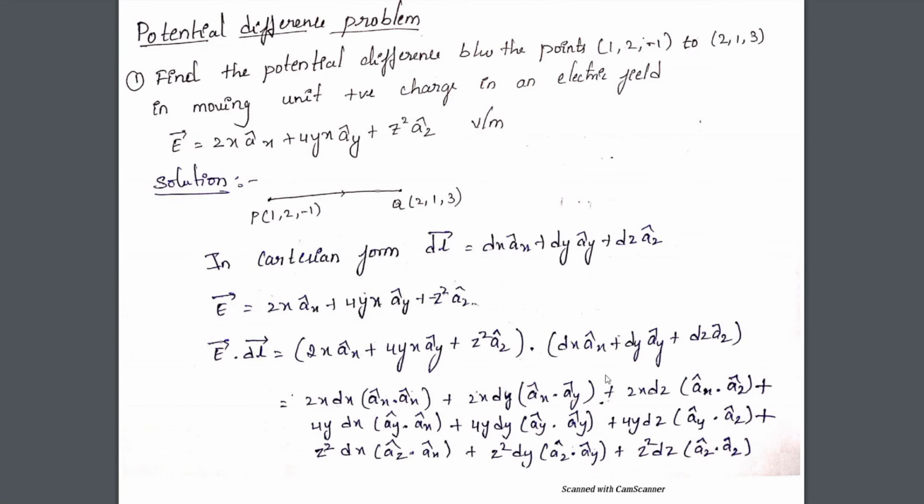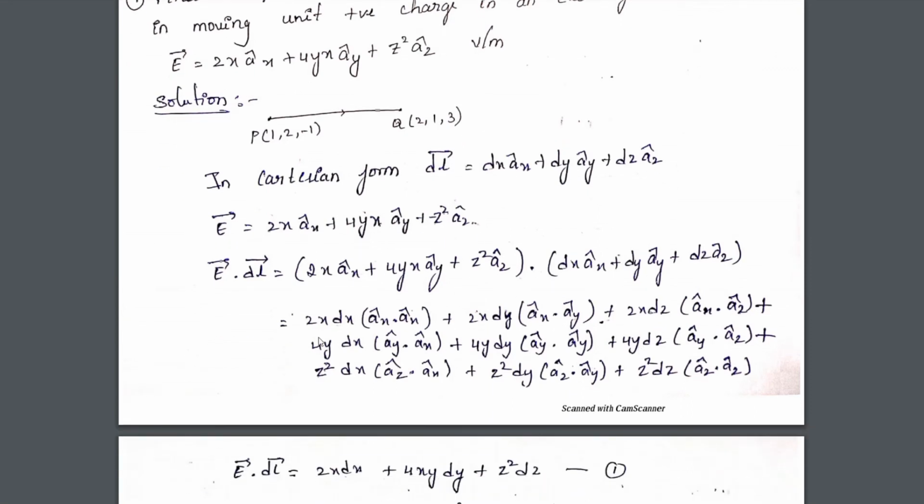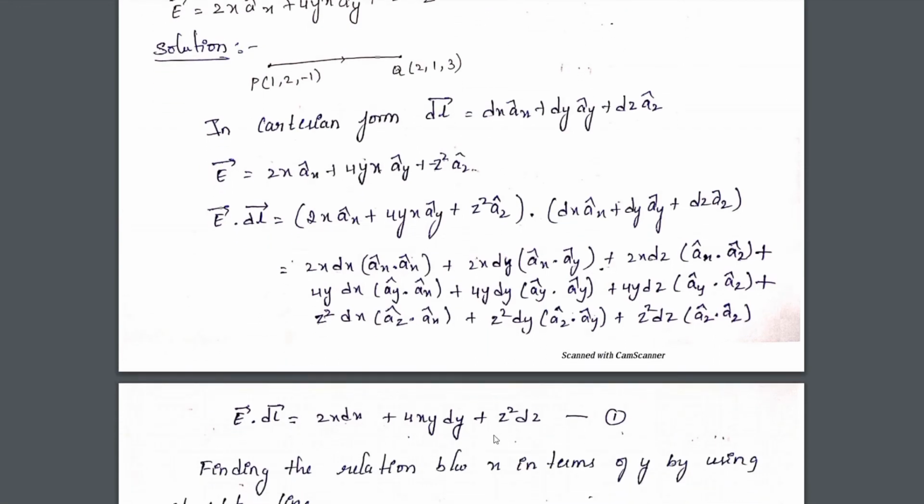And you see the points given in the problem here. If you observe the points, x, y, z, all the values are varying. That means none of the terms in equation 1, that is dz, dy, dx, will be 0. They will be present as they are. So you need to integrate equation 1 directly.